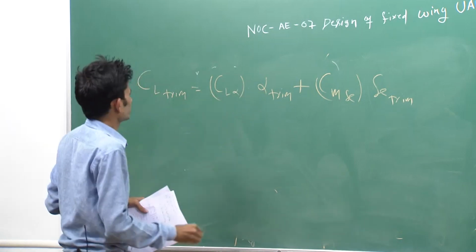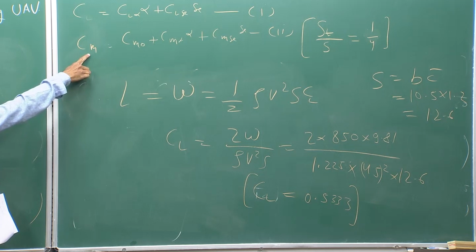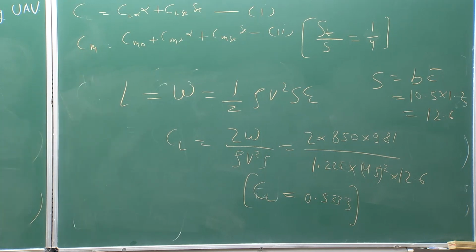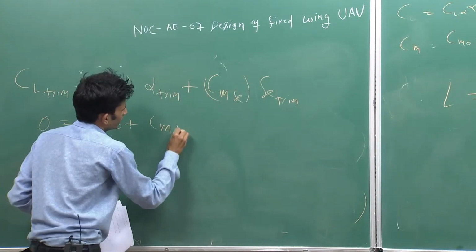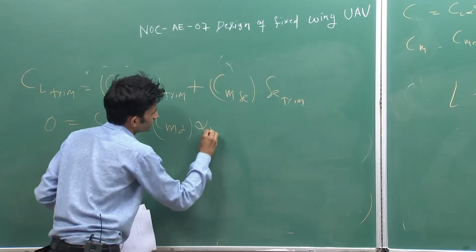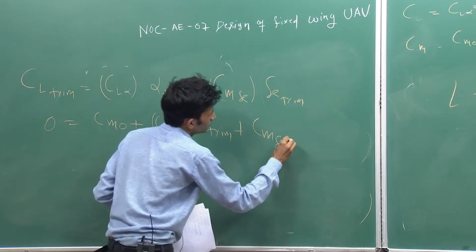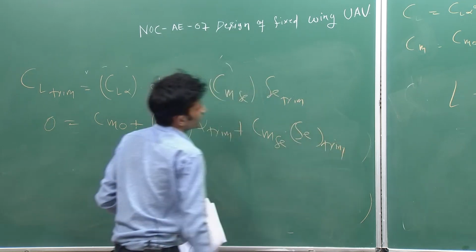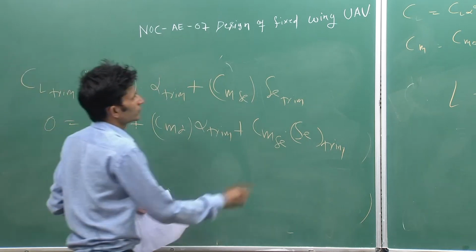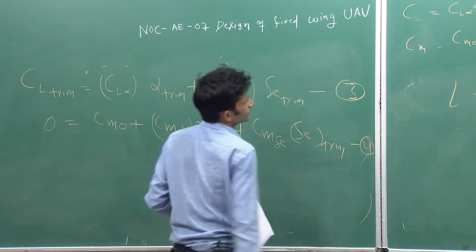And your second equation becomes, see, aircraft is in trim condition, so net moment will be 0, means Cm will be 0. So 0 equal to Cm naught plus Cm alpha into alpha trim plus Cm delta E into delta E trim. So you can make equation 2, 1 and 2 you have already made that. So let us make 3 and 4, okay.